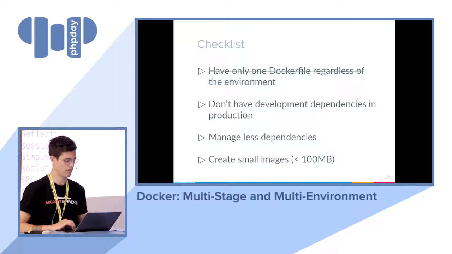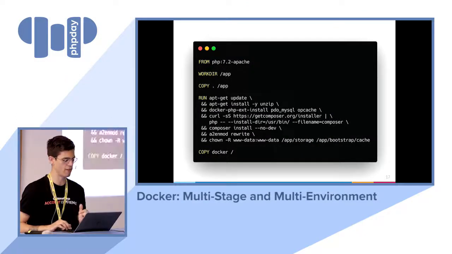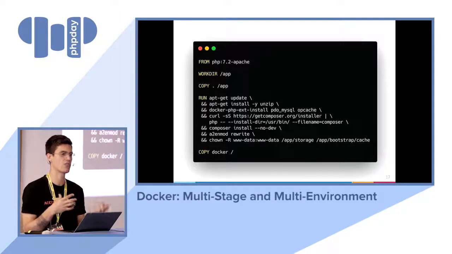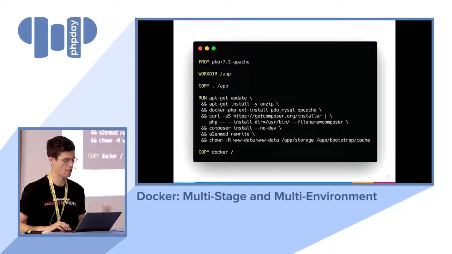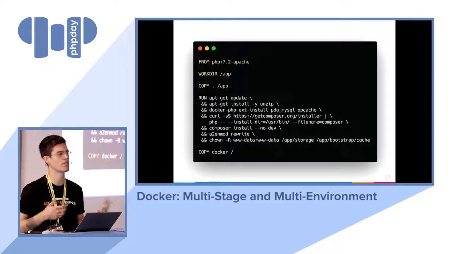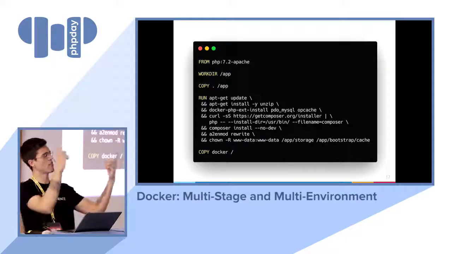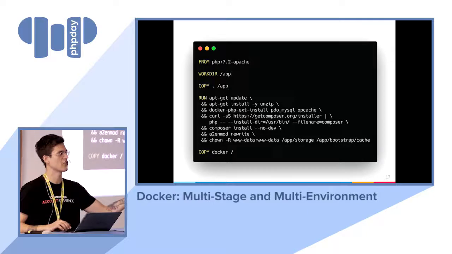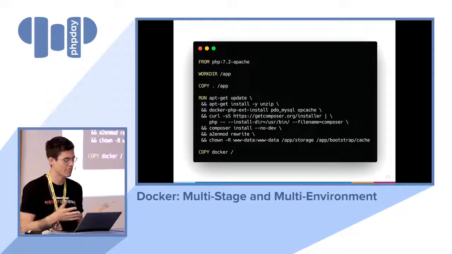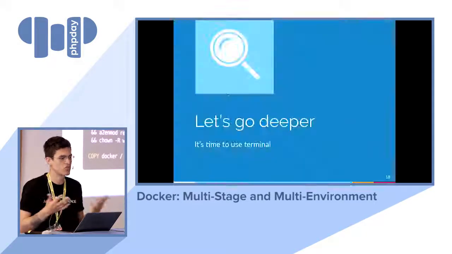If we look at the Dockerfile, I explicitly said only MySQL and not cache. But with the image that we are using in the front, I'm getting a lot of other things that I'm not managing. So if there's a vulnerability in those extensions, it will be a lot harder for me to remove them or to do something.